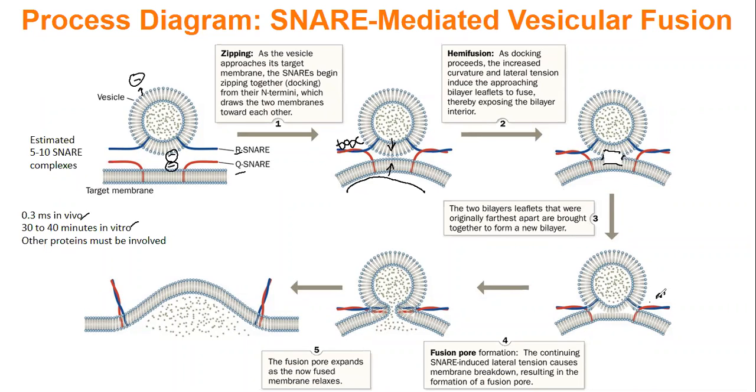Your snares will continue to wrap around each other. And this fusion will continue until you wrap so tight you form a little pore, right? And so if you are just transporting something to be secreted, when you have this pore, the proteins are free to leave.